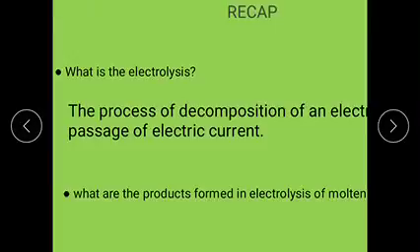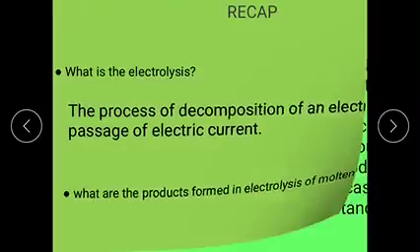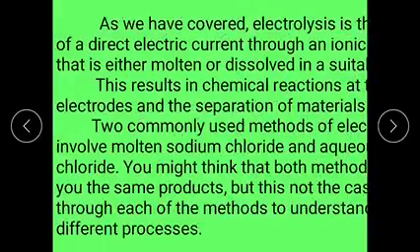Now just now we discussed the process of decomposition of an electrolyte by the passage of electric current, and also the products formed in the electrolysis of molten NaCl. We covered the passage of a direct electric current through an ionic solution, either in a molten state or in a suitable solution.